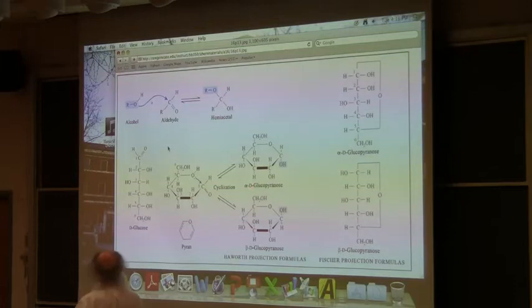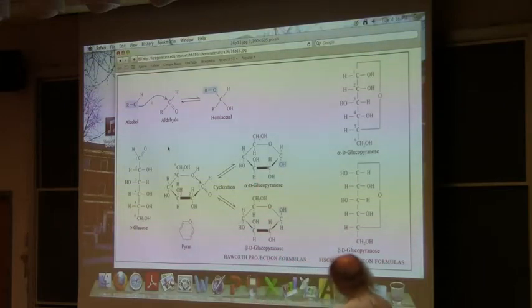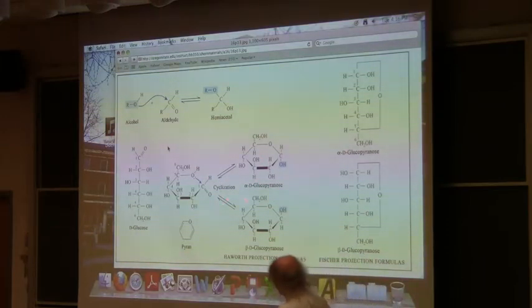Now, the last nomenclature thing I'm going to give you on here is the nature of the ring itself. As you can see, this ring has 6 members, and here are the 6 members on the glucose ring. That oxygen plus carbon number 1, 2, 3, 4, 5, and carbon number 6 is not part of the ring.